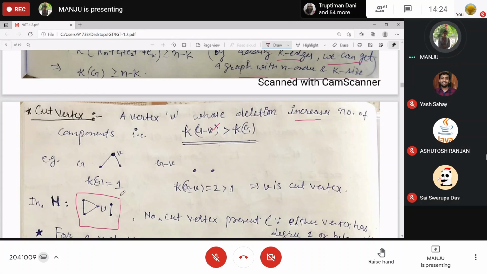Now, can you say anything about the degree of a cut vertex? Degree I have defined: it is the number of edges incident with V. In G, it has to be at least 2, 1 or 0. Can it be 0? Can it be 1? For any vertex V to be a cut vertex, the degree of V has to be at least 2.